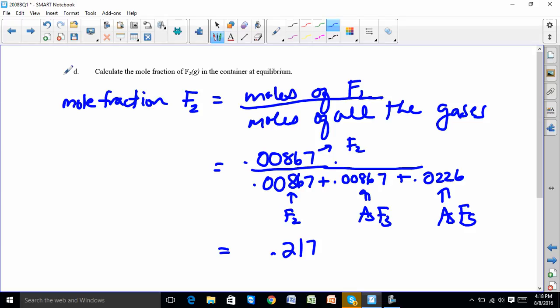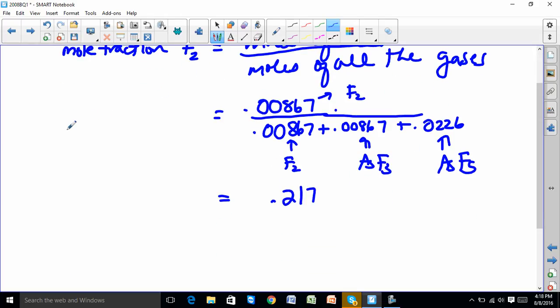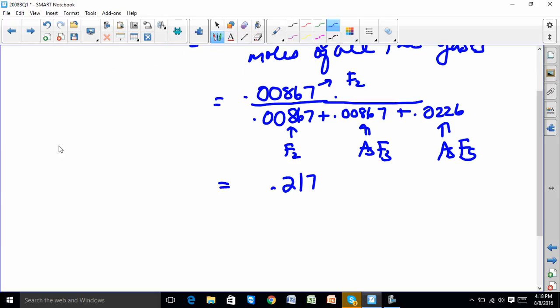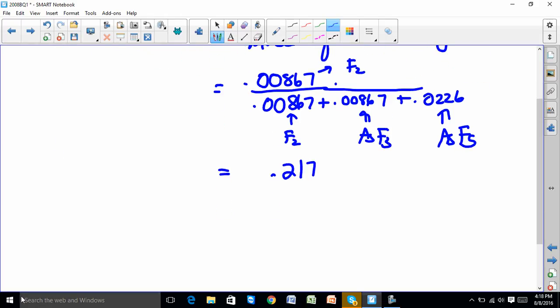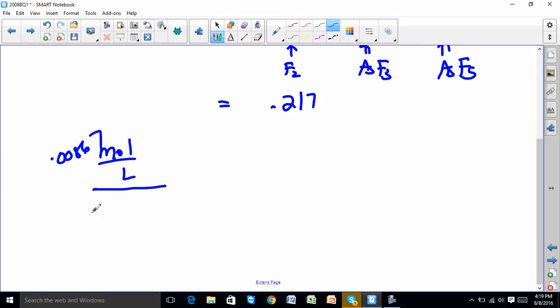Now, here's the crazy part. Mole fraction is the fraction of moles. Why can you use molarity? Because if you take moles per liter, so let's say 0.00867, and so we're using molarity.